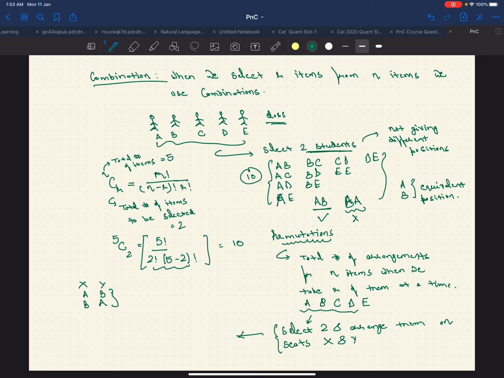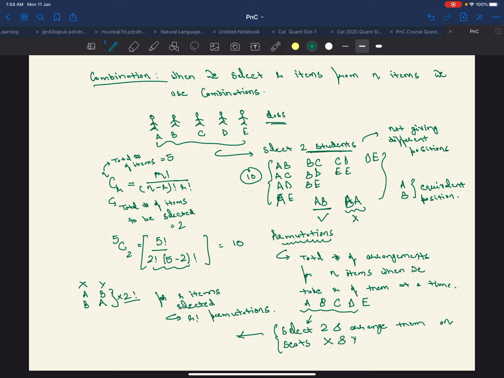That is why each combination here will have 2 permutations, which is nothing but 2 factorial permutations. So for R items selected, there would be R factorial permutations.